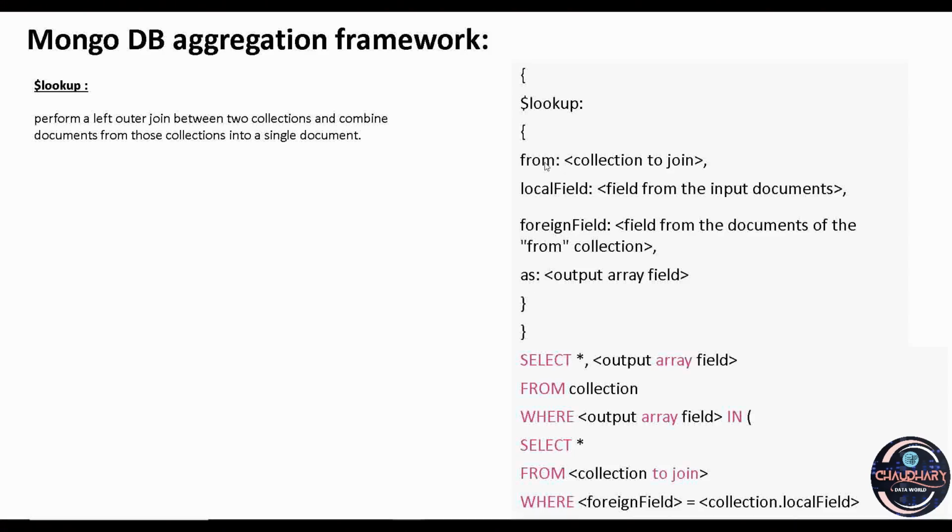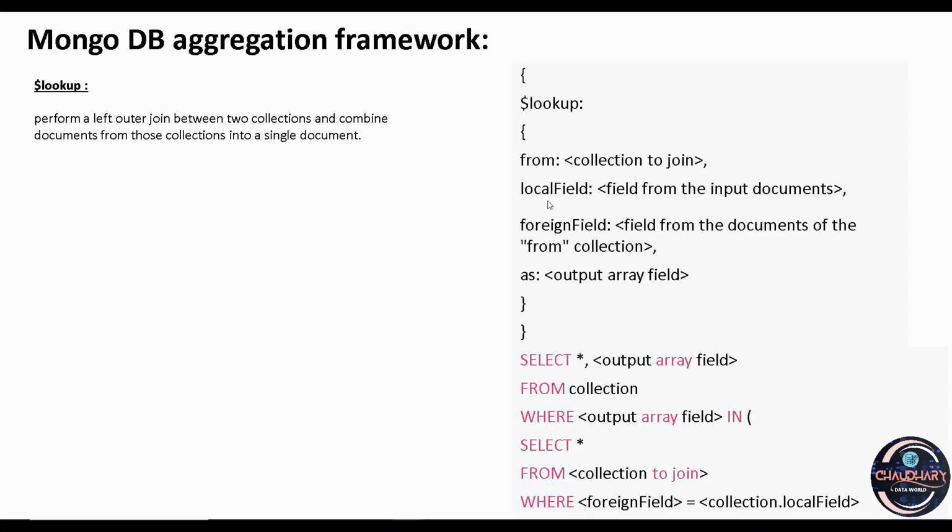What is this from? From is the collection from which you want to pull out the data, the data which you want to pull into the previous collection in which you are performing this lookup. Then the local field is the field on which the lookup, the join, will happen.